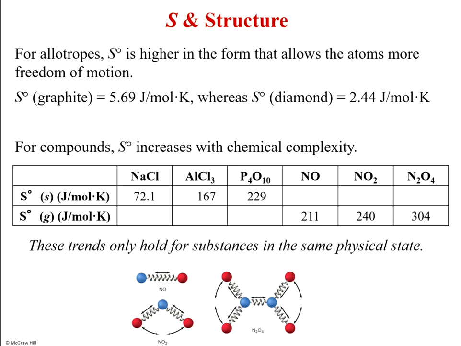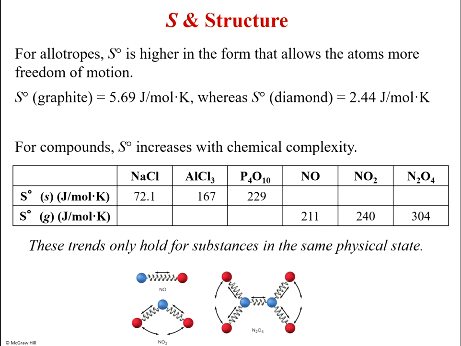And we can compare that with graphite, which has 6-membered carbon rings in sheets looking like chicken wire, and these sheets are stuck together, but they slide against one another, which is why graphite is used as a lubricant. And you can see that graphite would have a correspondingly higher molar entropy because it has a larger freedom of motion.